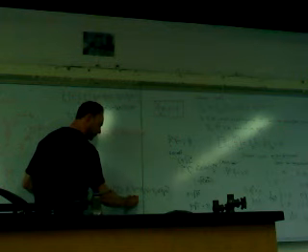And Griffiths points out right here on page 204 the connection between spin and statistics. So the answer is that the minus, the antisymmetric, equals fermion wave function.